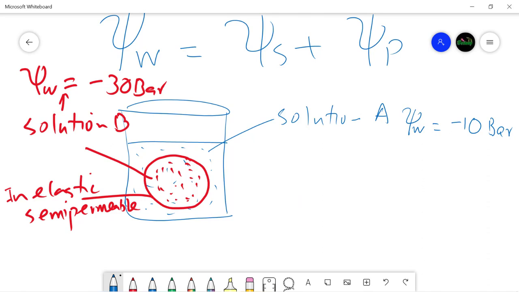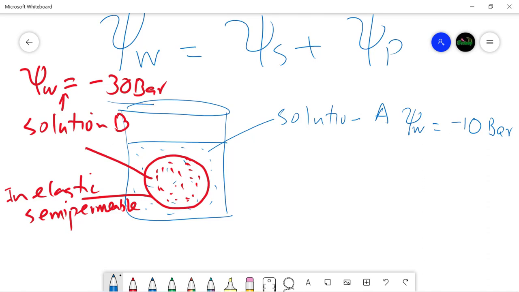One is in the beaker, it is open, and the other is confined in a semi-permeable but inelastic membrane that does not allow increase in the volume of the solution if water enters through this membrane, or when osmosis takes place.